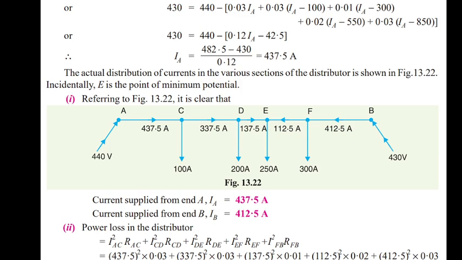The final result shows that the total power loss is approximately 14.705 kilowatts. So this example clearly demonstrates how current distribution and conductor resistance impact voltage levels and power losses in a DC distribution system.